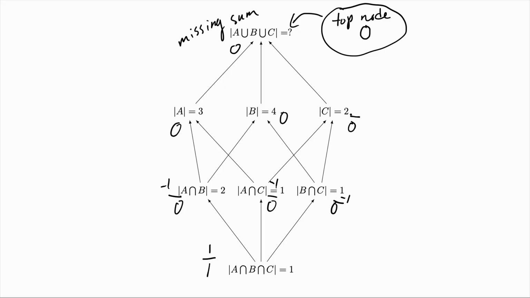So to make this 0, I would need a positive 1. Similarly here and here. Okay, 3 1s, 3 negative 1s, and a 1. I better have a negative 1 here. So it looks like the contribution of this standard basis vector with a 1 at the bottom and zeros everywhere else actually yields a negative 1 node at the top.